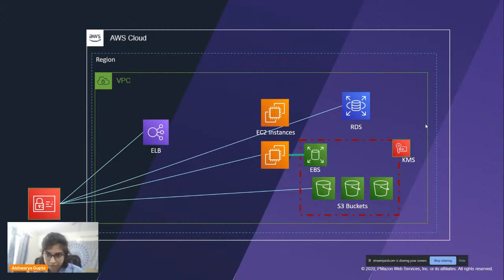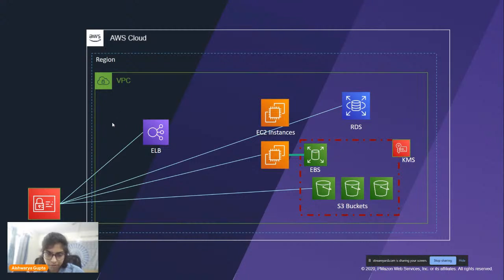So you can use the KMS service to encrypt your S3 buckets as well as your EBS volume that is attached to your backend server. Even RDS internally uses encryption to encrypt the data. But KMS only talks about data that is at rest, that is stored in an S3 bucket or an EBS volume.